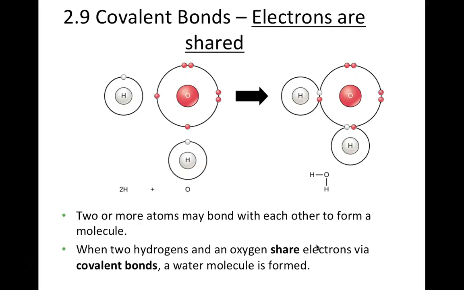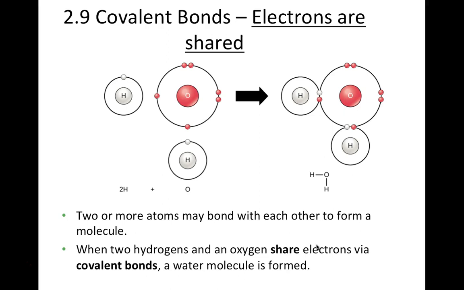For covalent bonds, electrons are shared. And here we see an illustration of two atoms of hydrogen and one atom of oxygen, H2O. And notice we're going to combine those atoms of those two different elements together in a chemical reaction to produce H2O.